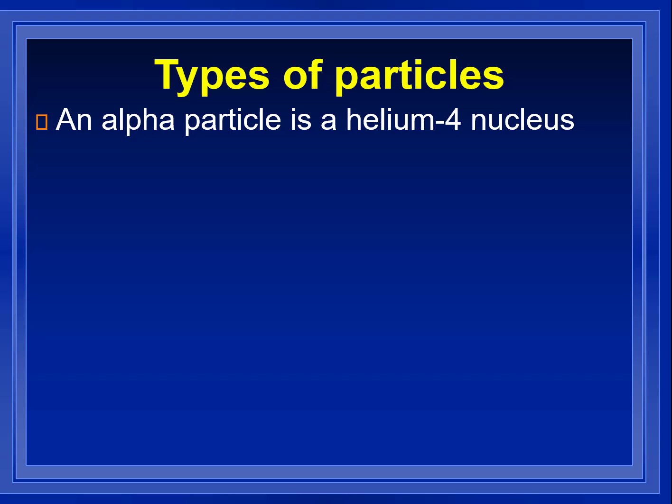So it says it's helium. It says it has a mass number of 4, and helium's atomic number is 2. So that's an alpha particle. An alpha particle is a helium nucleus.